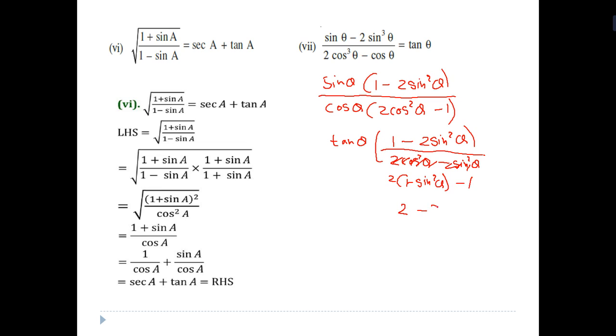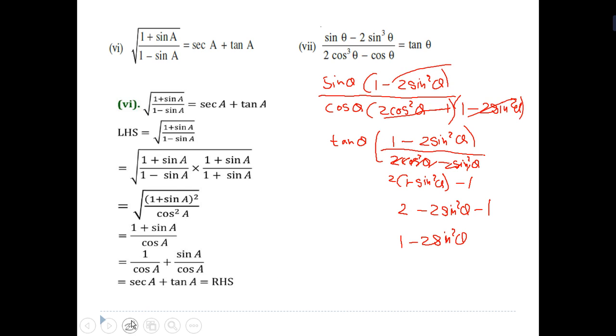So 2 minus 2 sin square theta minus 1. So 2 minus 1, that is 1 minus 2 sin square theta. So we get 1 minus 2 sin square theta in the denominator, so that we can easily cancel.